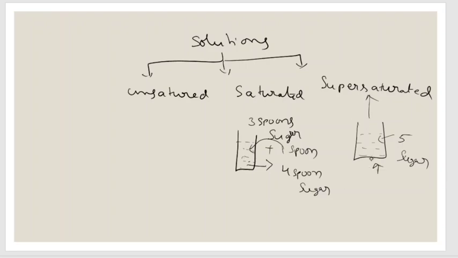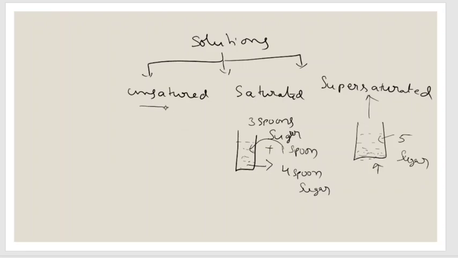Once the solution in the glass is cooled, the excess 1 spoon of sugar precipitates out, or it just settles down at the bottom of the glass. So supersaturated means more than the capacity. If we force the solute to dissolve, then we get a supersaturated solution.